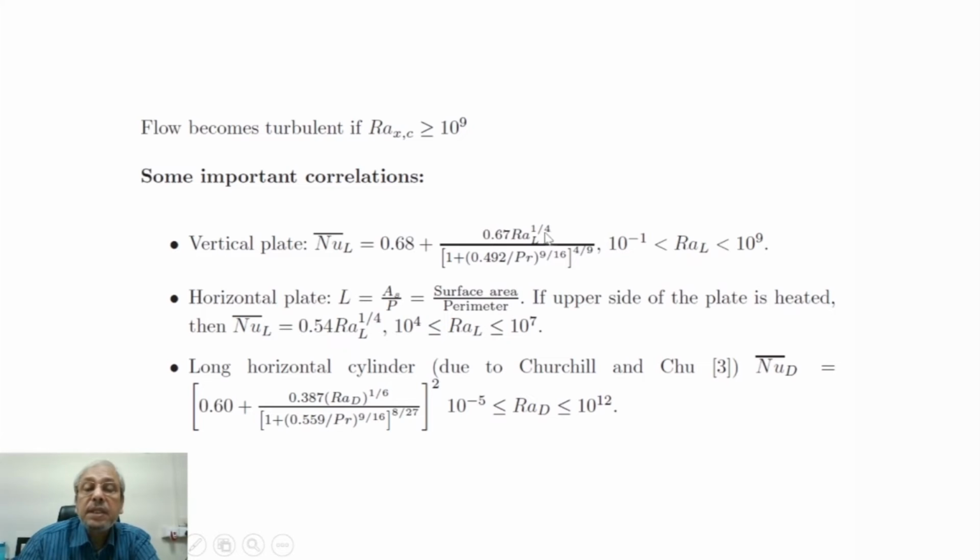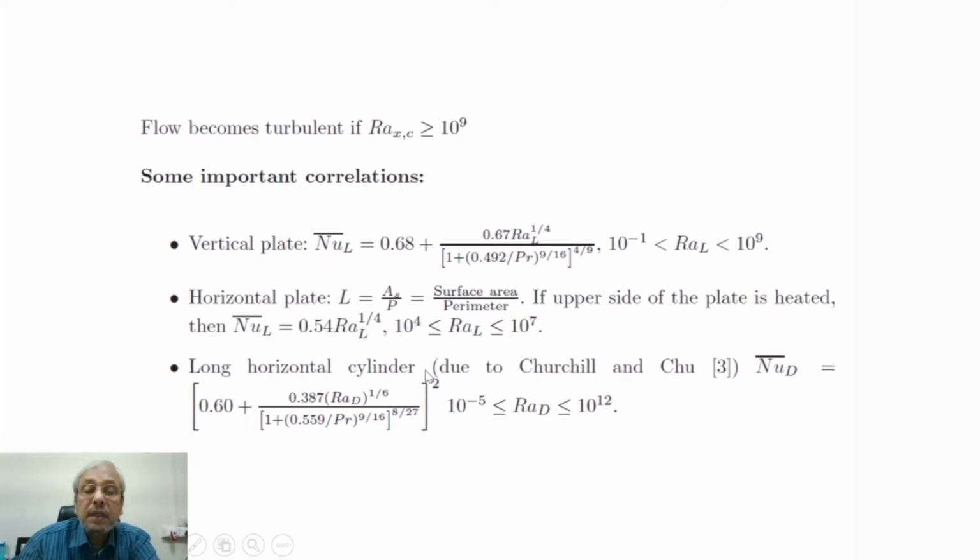Here you can see the expression is in terms of the Rayleigh number, and the Rayleigh number limit has been given. Similarly, for a horizontal plate, where the characteristic length is given by surface area by perimeter, it is given by Nu_L bar equal to 0.54 Rayleigh number to the power 1 by 4. And again, the range of Rayleigh number has been indicated.